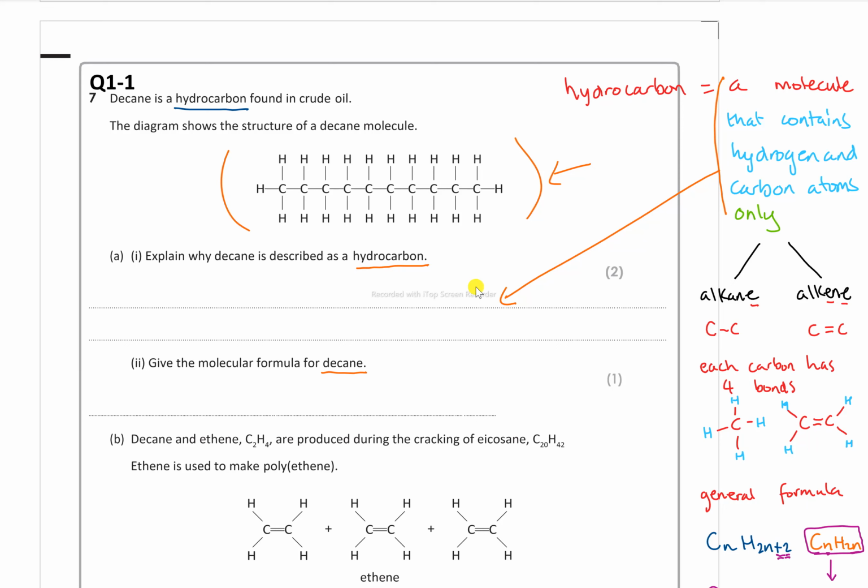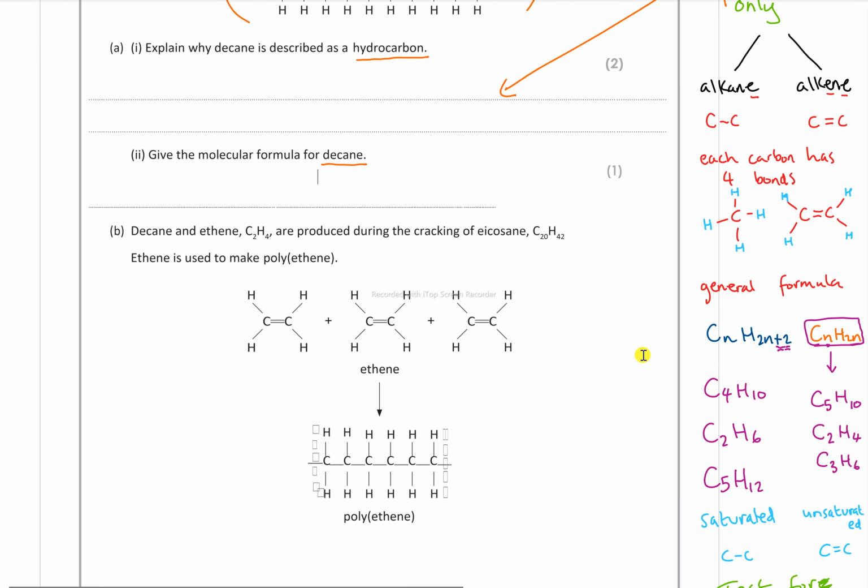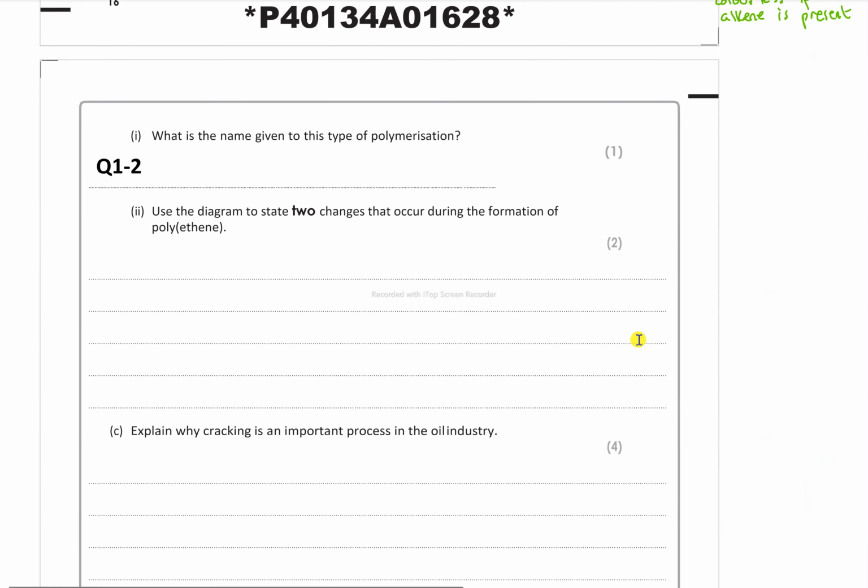Right, before we move forward, let us come down here. There's different types of formula you need to know. You need to know displayed formula. You have molecular formula.